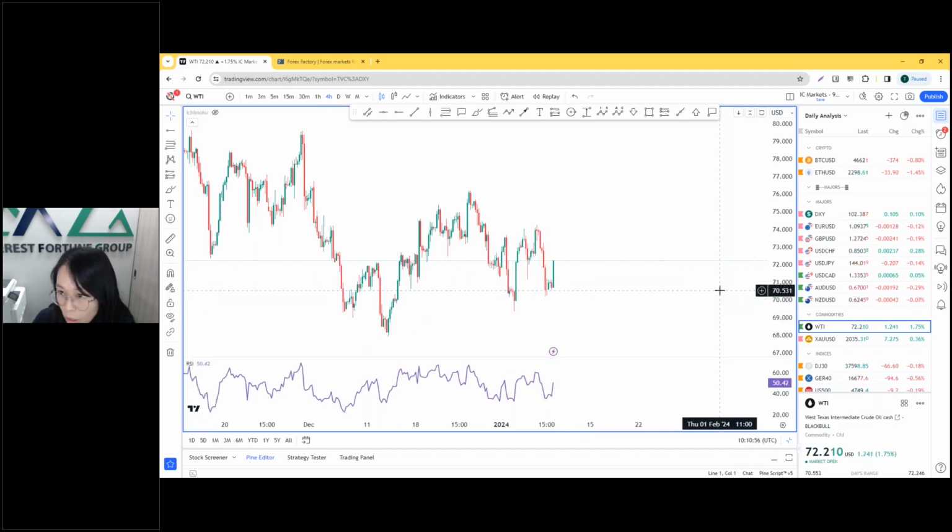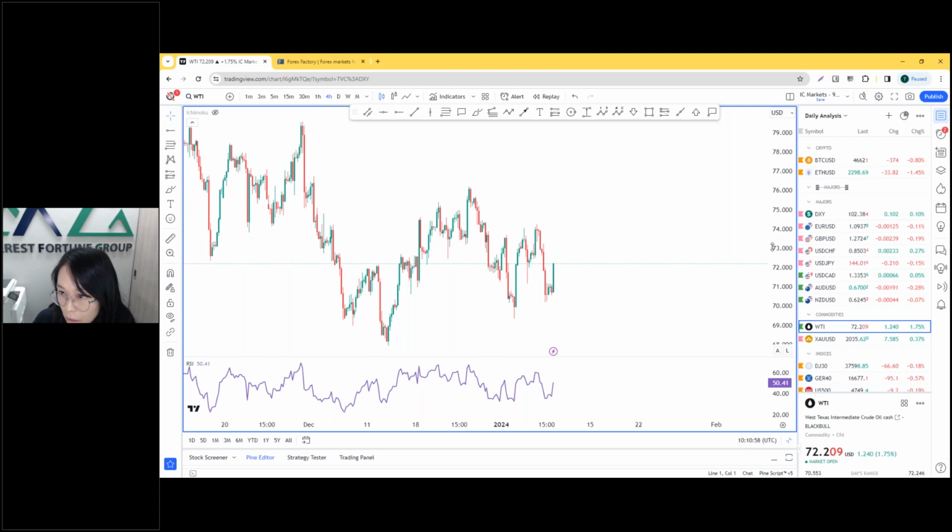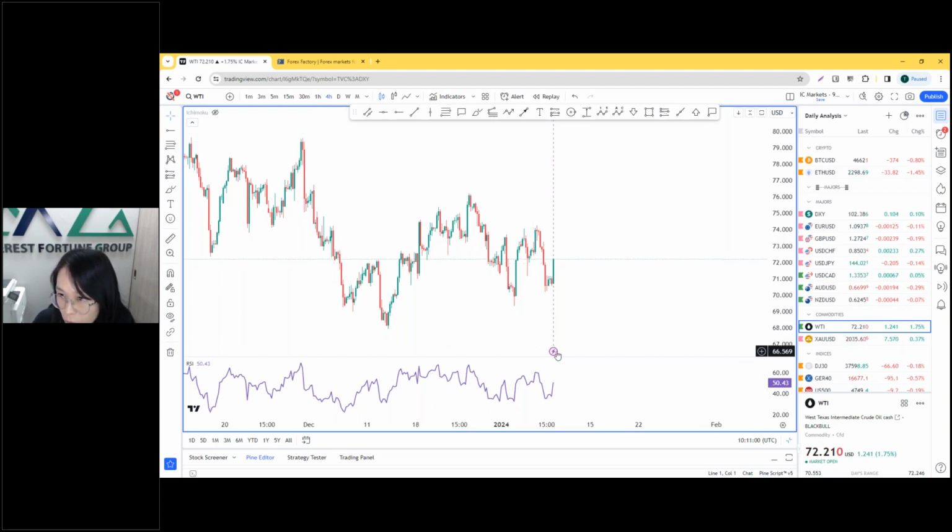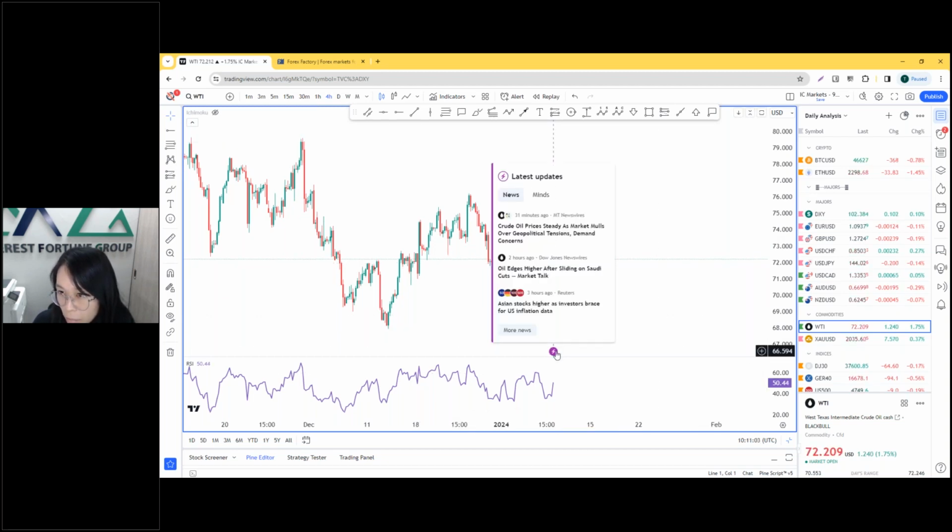Okay, we also can be looking at oil. Even though the news is about high supply, oil prices are still quite steady. It's because Saudi Arabia agreed to cut their oil supply.